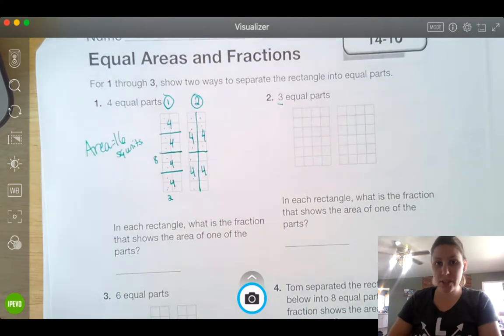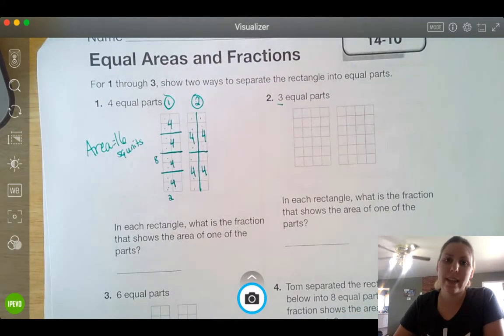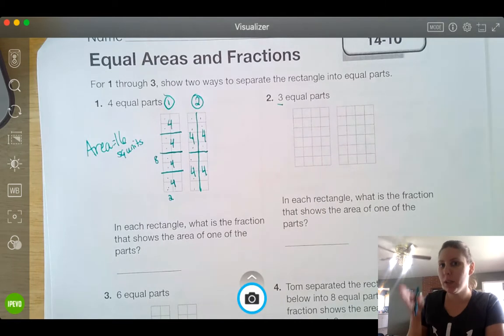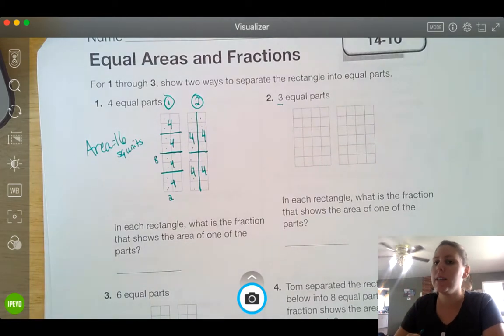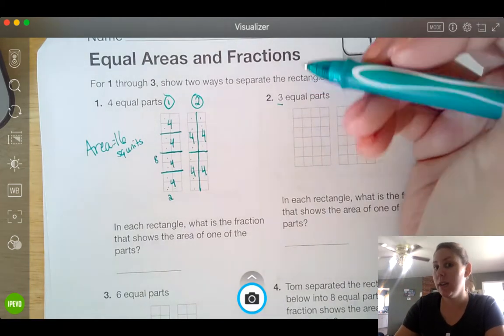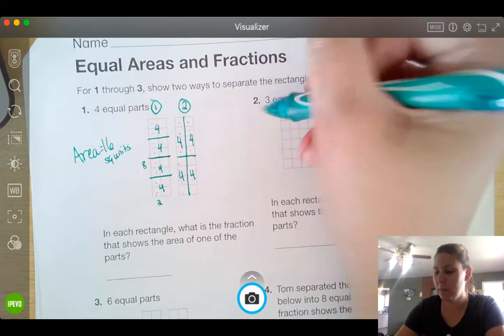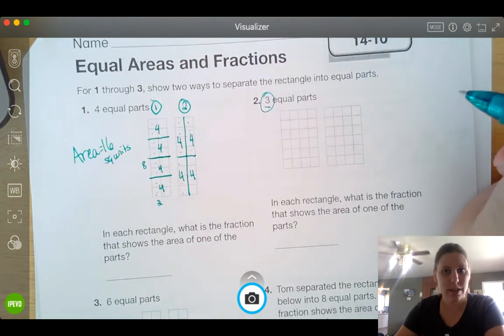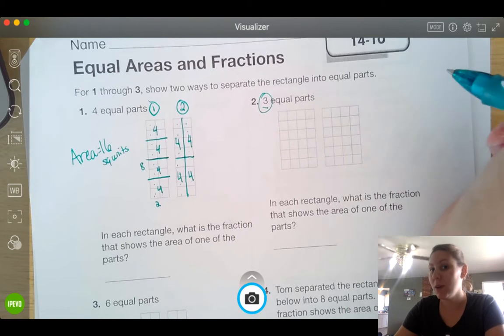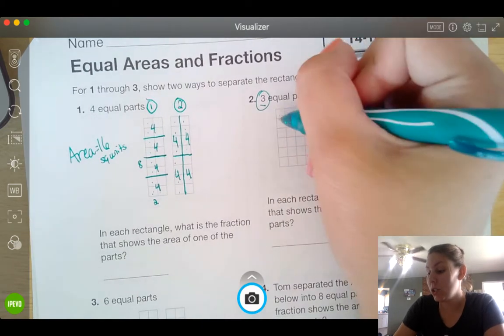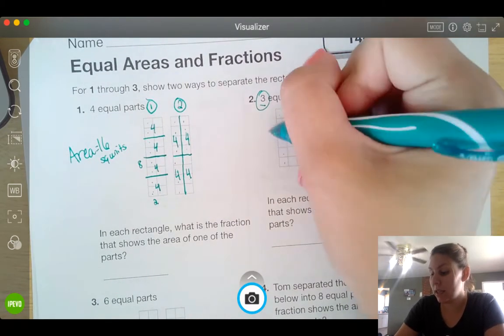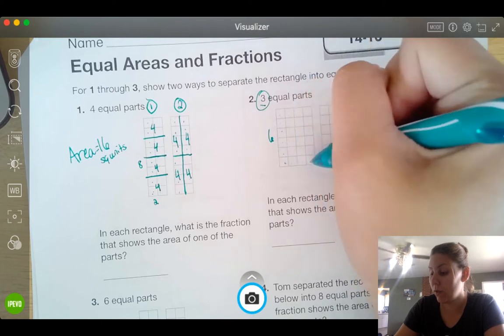We know that making thirds is not as easy as making fourths and halves, because fourths and halves you can equally count and kind of see where they're at. Thirds are a little harder, so I need to figure out the total area and then divide it by 3. I need to divide it by the number of equal pieces. 1, 2, 3, 4, 5, 6 by 1, 2, 3, 4.